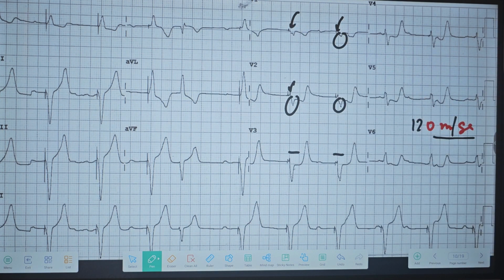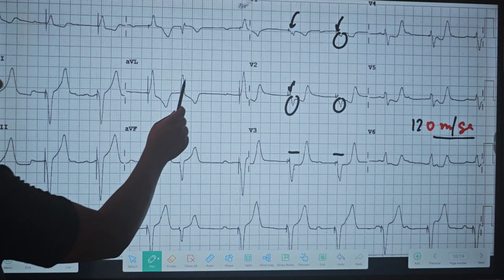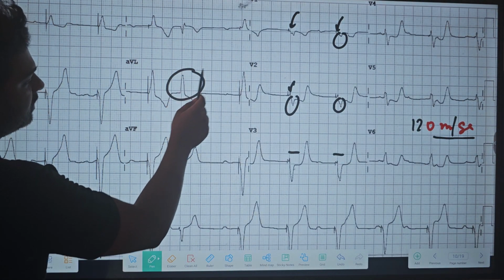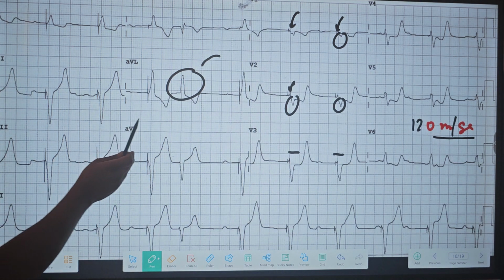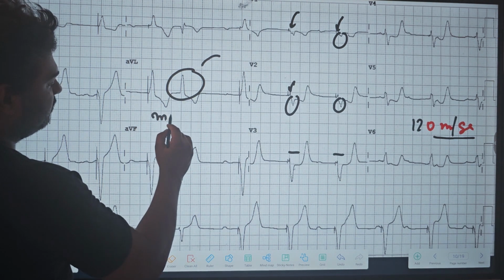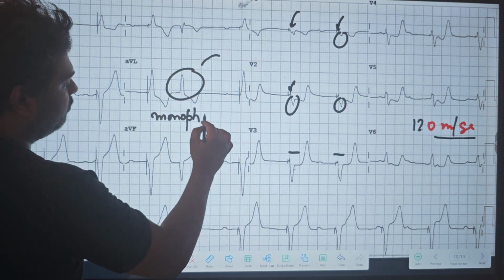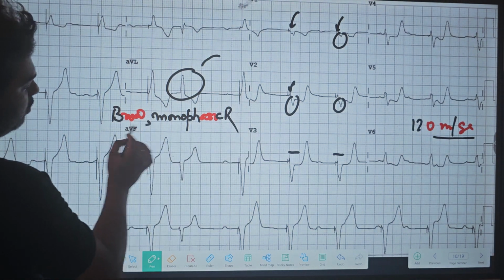Now you look for a broad R wave in lead 1 and AVL. If you see AVL, we have a broad R wave, and it is neither notched nor M shaped. So it is monophasic. This kind of broad R wave is called a monophasic R wave.